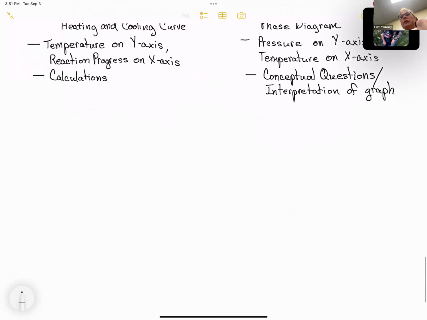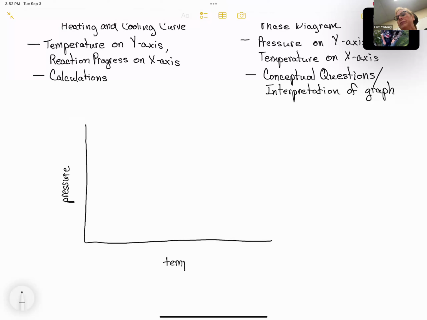So let's talk about a phase diagram. I'm going to start with a very general phase diagram, and then I'll draw one that's more precise. So again, you're going to have pressure on your y-axis and temperature on your x-axis.